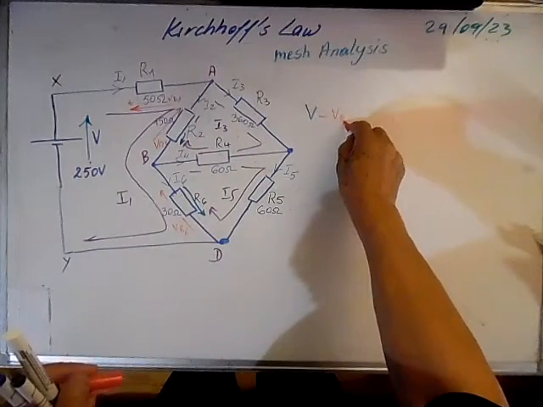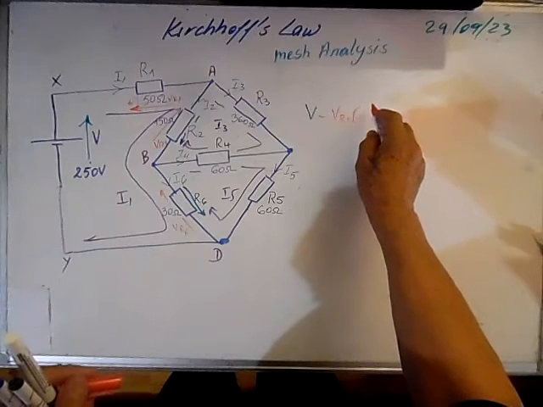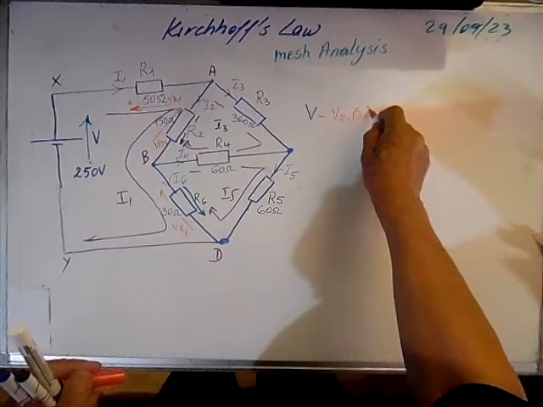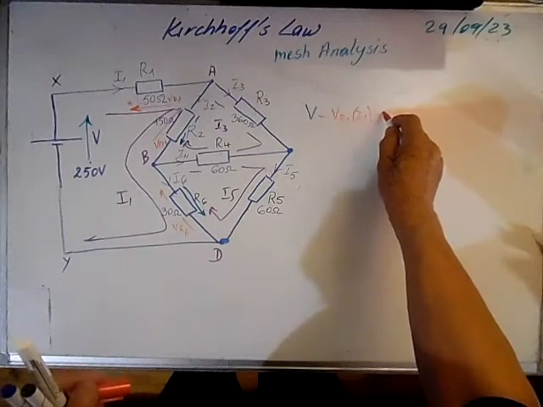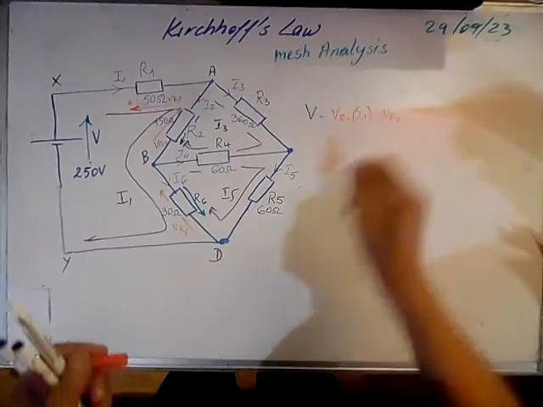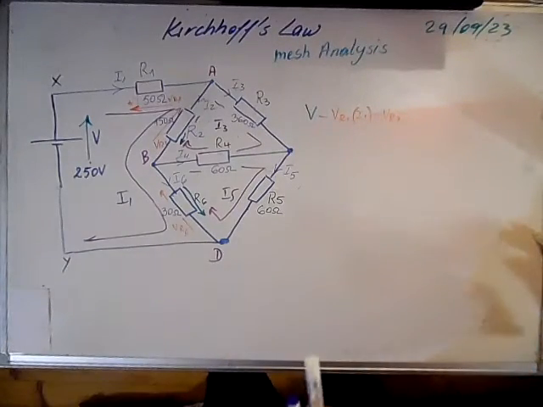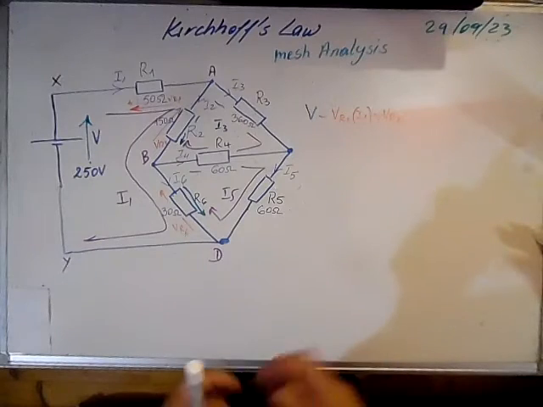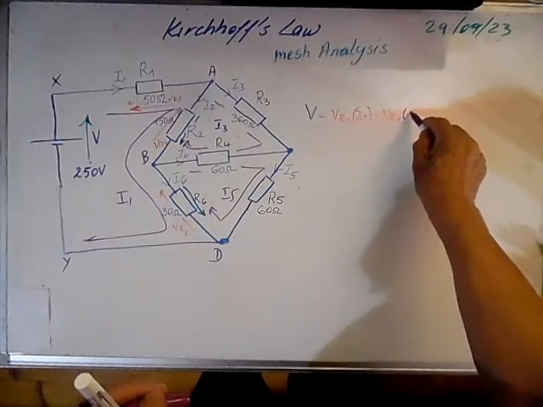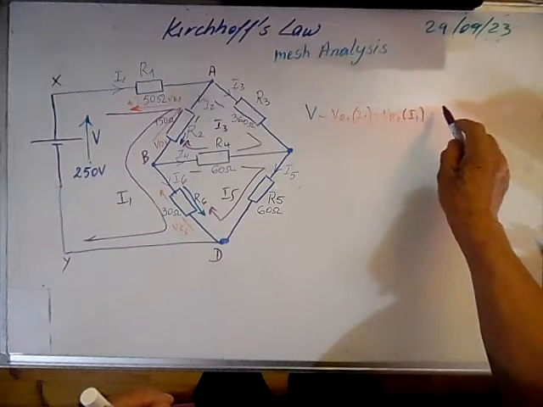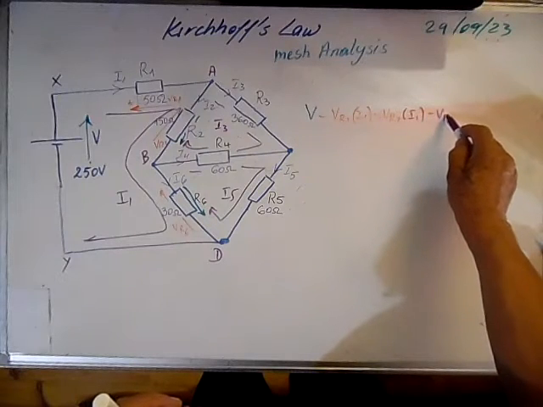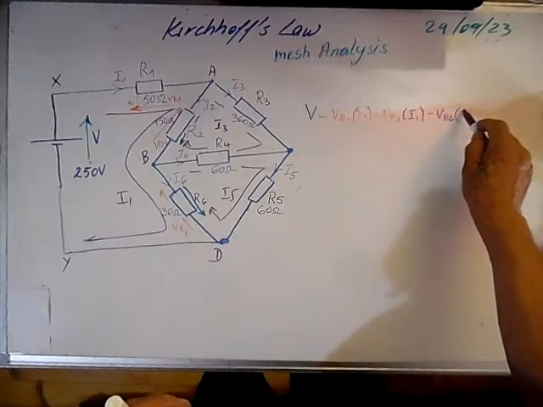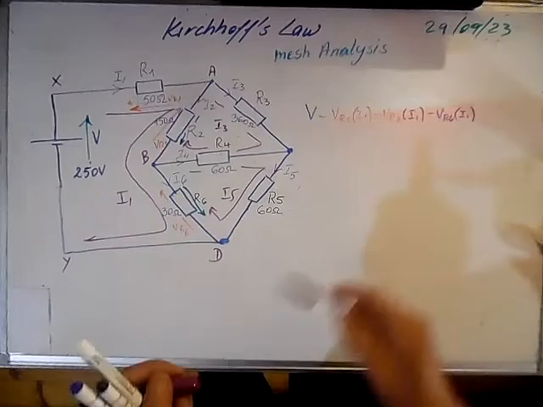VR1, this is due to I1, minus VR2 due to I1, minus VR6 due to I1.